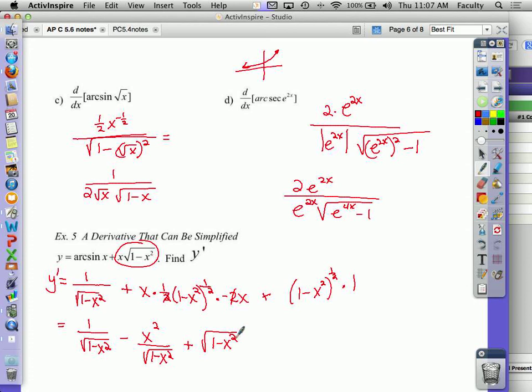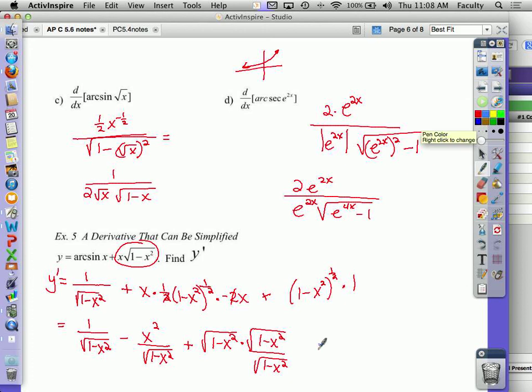Watch what I can do. This is really, really neat. The common denominator is the square root of 1 minus x squared. So I need to multiply this one by the square root of 1 minus x squared.